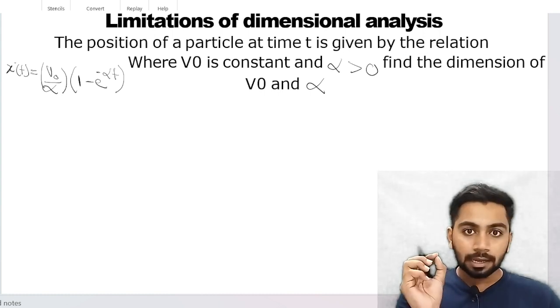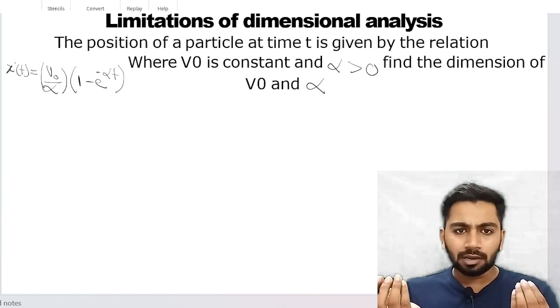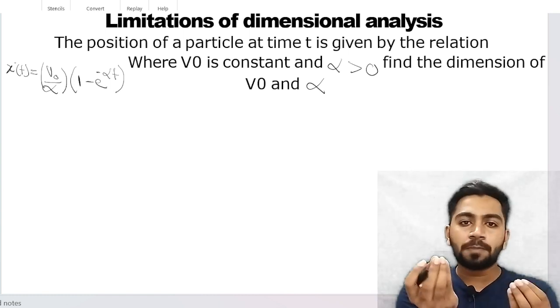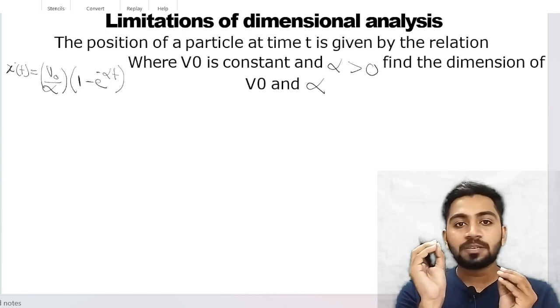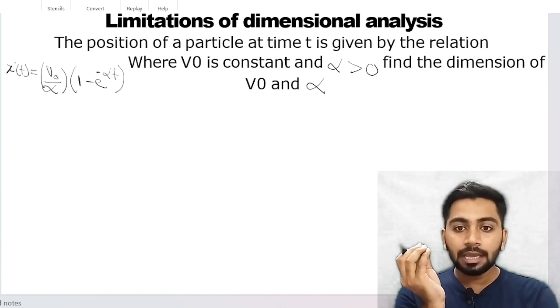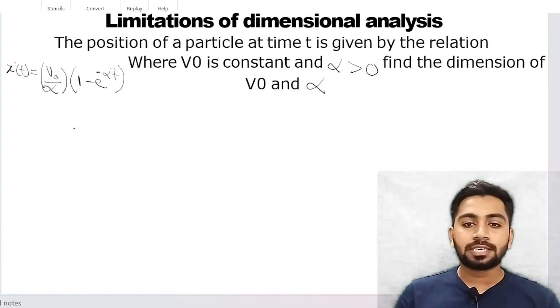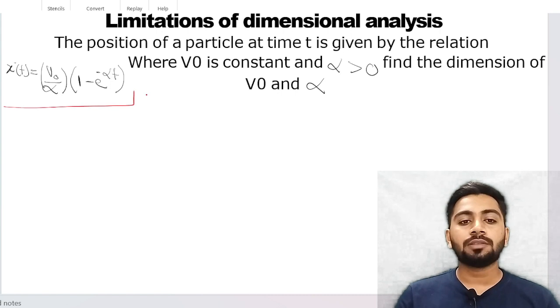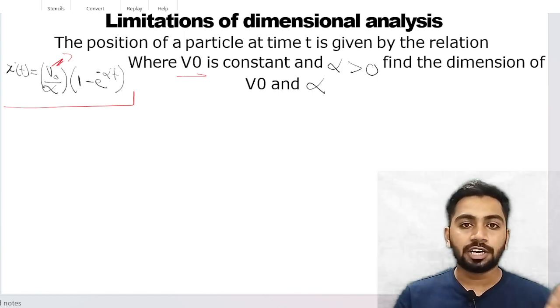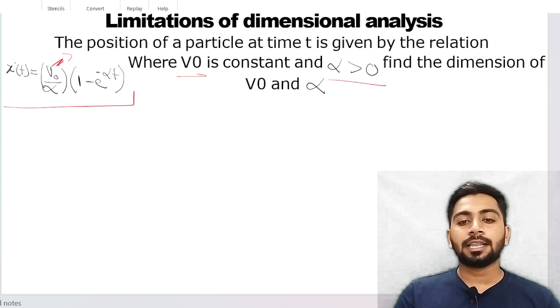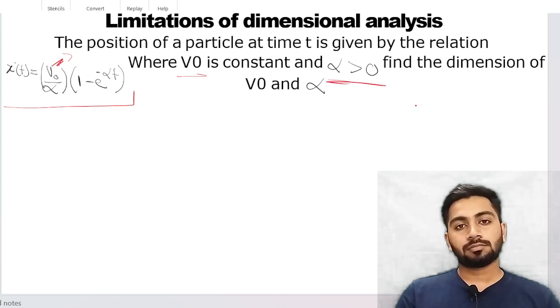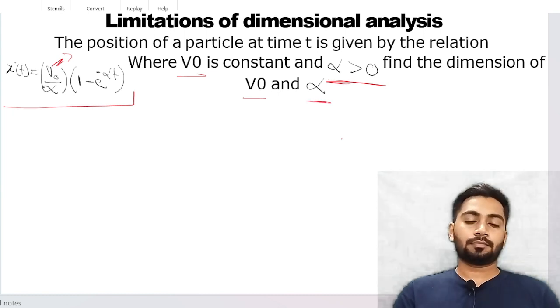There is one particle, let's say your chalk piece, and at time t the relation given for the chalk piece is this one, where V naught is constant. Remember, V naught is constant, they have given. And alpha is greater than 0.